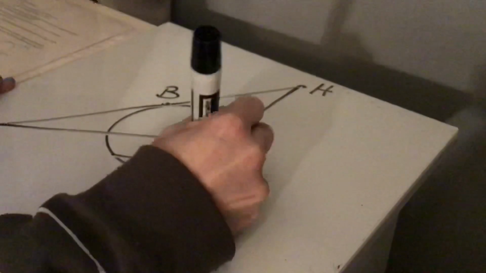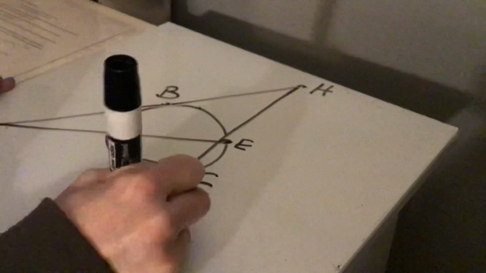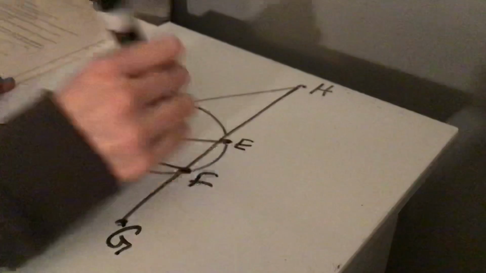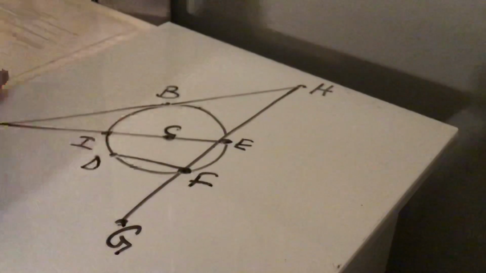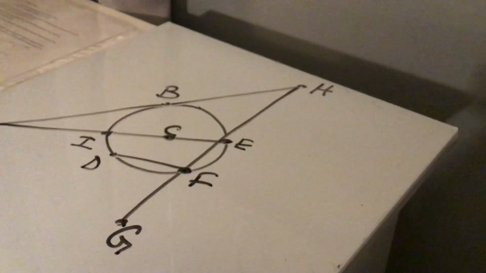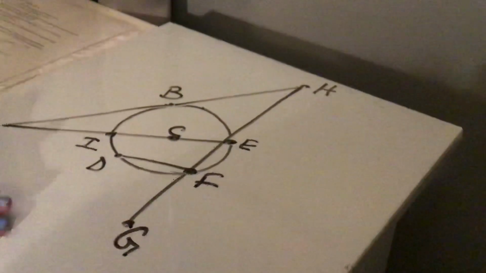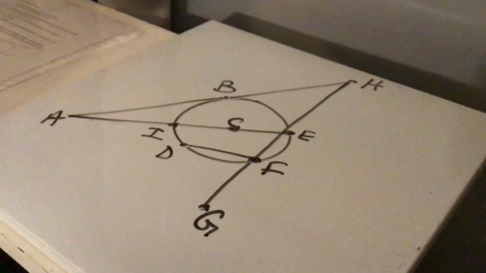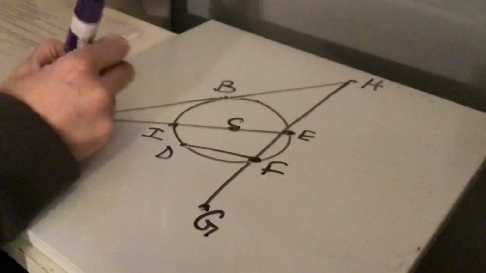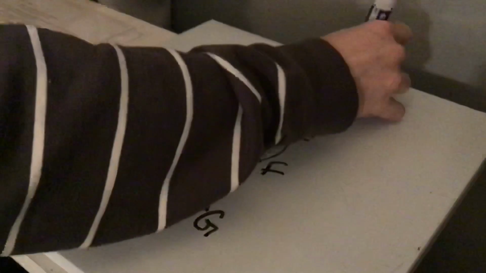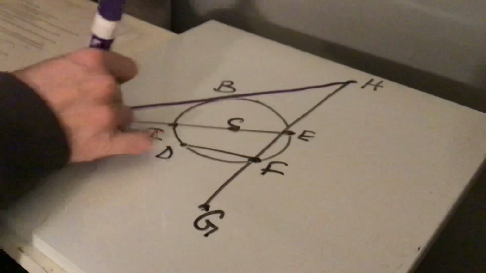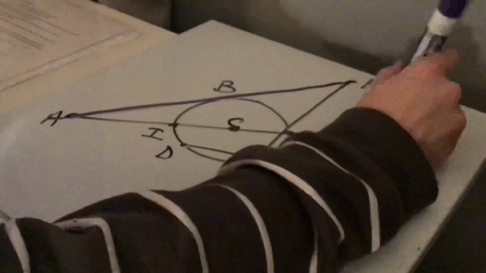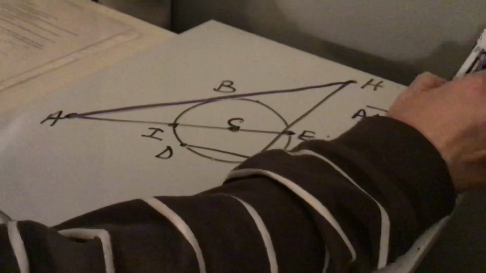This is also on the circle at F. Point G is here. Here is I. C is the center of our circle, and point D. Okay. The first question is asking about segment AH. So here's A, here's H. So this segment here, right, it's intersecting our circle in 1 place. So AH is a tangent.